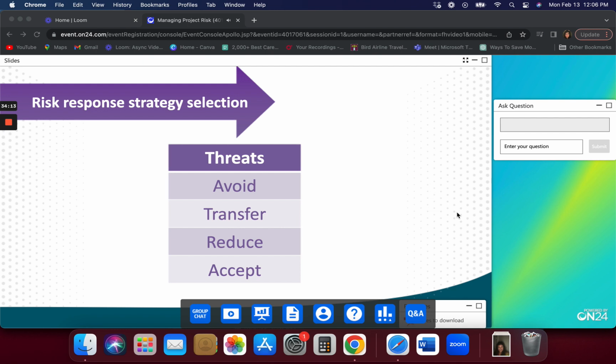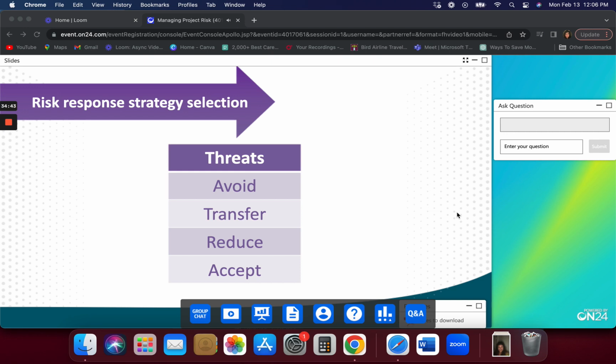It means it can't happen. That is drastic and the least viable, because often those risks are why we're doing it. If we have to change the scope of the project so much that it completely eliminates your top threat, you might be doing away with the reason for the project in the first place. So it's extreme in this case, but it's worth looking at.